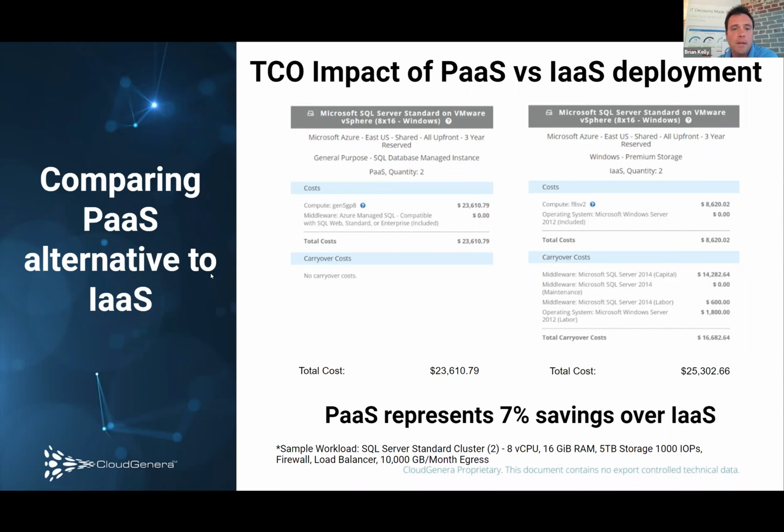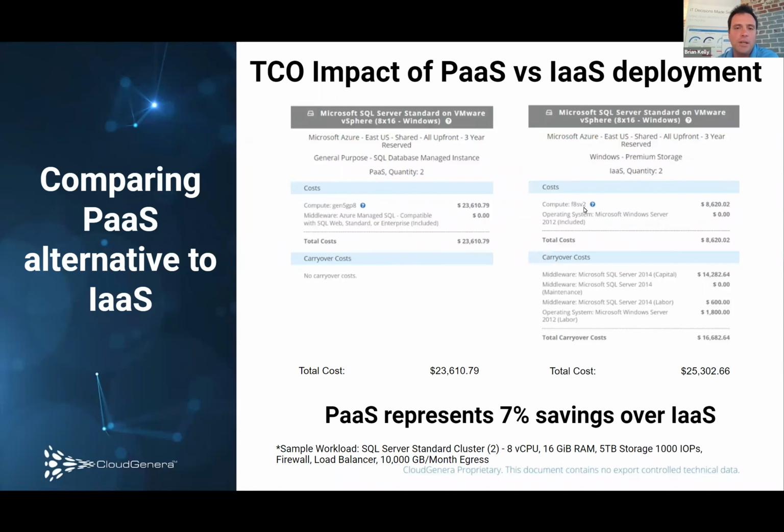And you can see in the CloudGenera scorecarding that workload, that 8x16 workload, maps to a particular node type in Azure for PaaS, a Gen 5 GP8. The most comparable infrastructure to support that workload was Azure's F8 SV2.